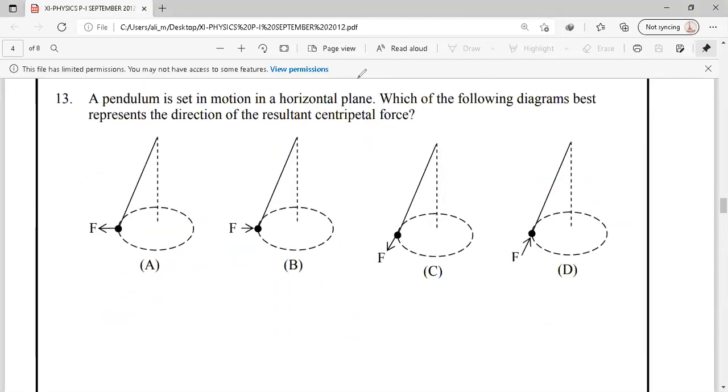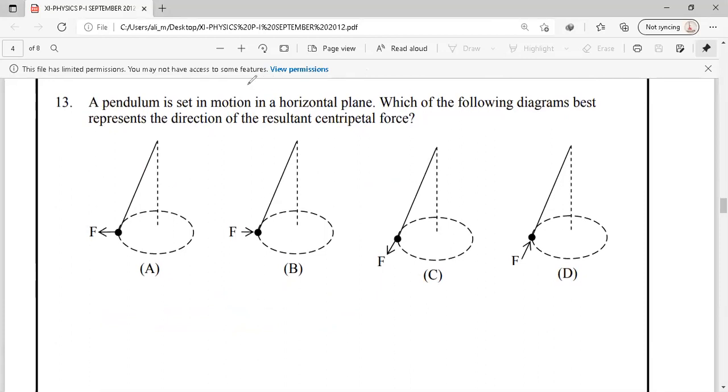Let's come to question number 13. A pendulum is set in motion in a horizontal plane. Which of the following diagrams best represents the direction of the resultant centripetal force? If the pendulum is moving in a circular path, we have to identify the direction of centripetal force.